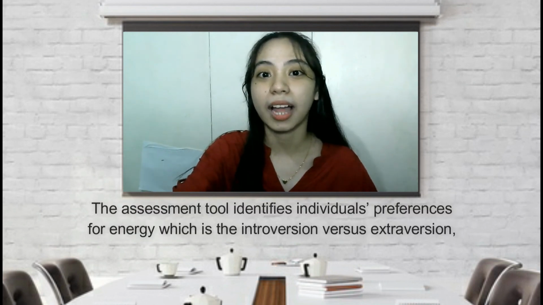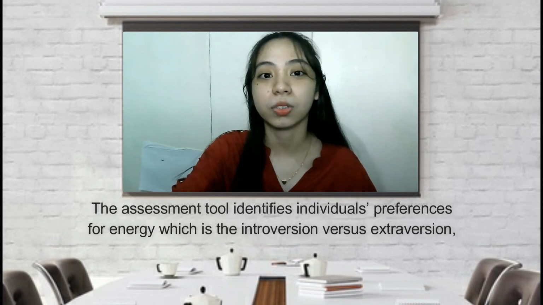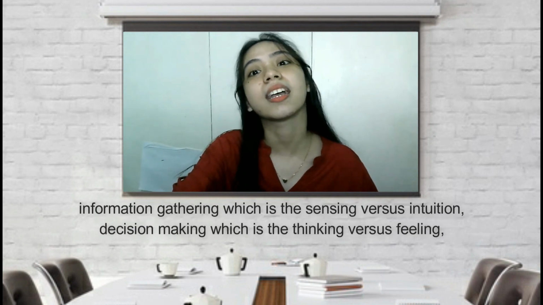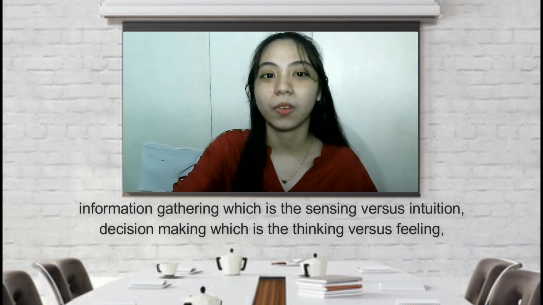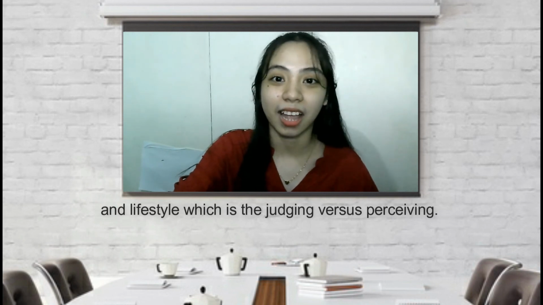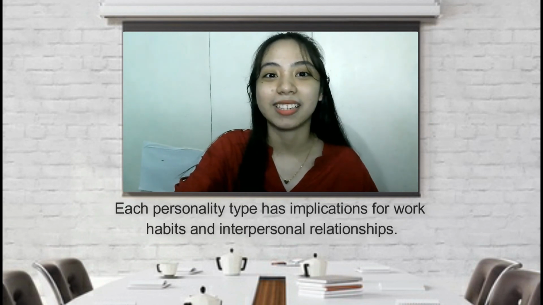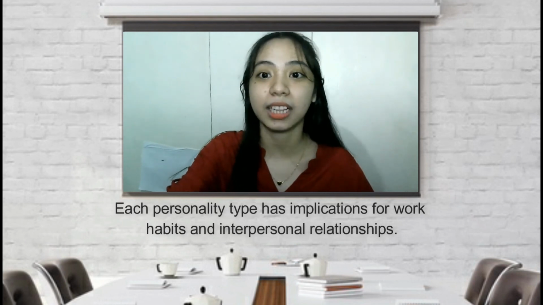The assessment tool identifies individuals' preferences for energy, which is introversion versus extraversion; information gathering, which is sensing versus intuition; decision making, which is thinking versus feeling; and lifestyle, which is judging versus perceiving. Each personality type has implications for work habits and interpersonal relationships.